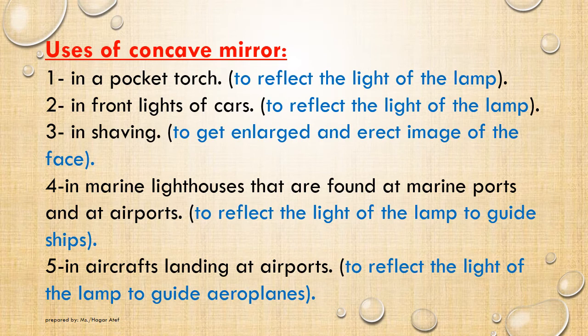Number 4, in marine lighthouses that are found at marine ports and at airports to reflect the light of the lamp to guide ships. Number 5, in aircraft landing at airports to reflect the light of the lamp to guide airplanes.